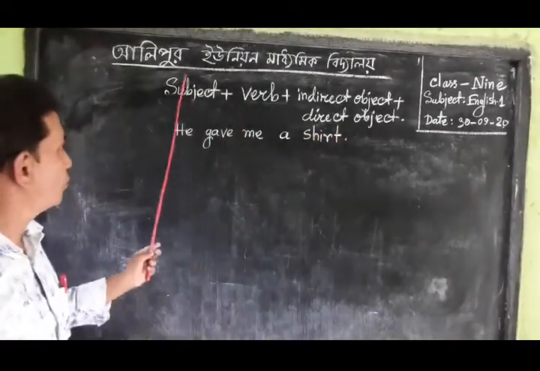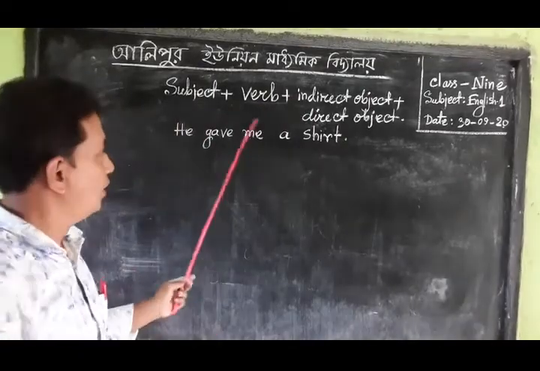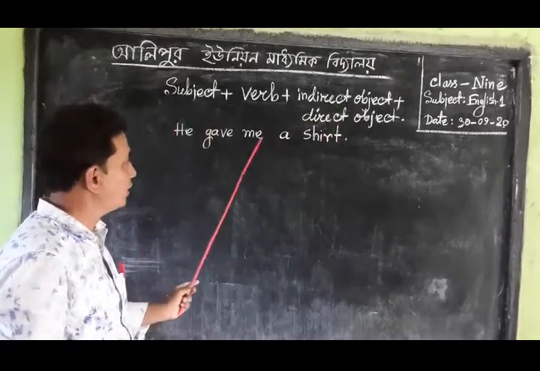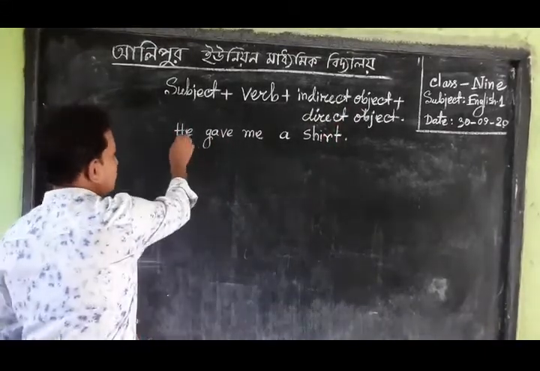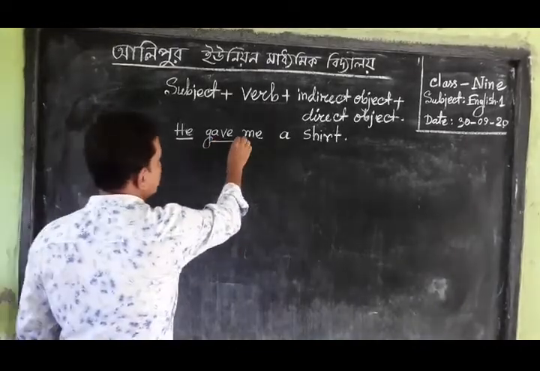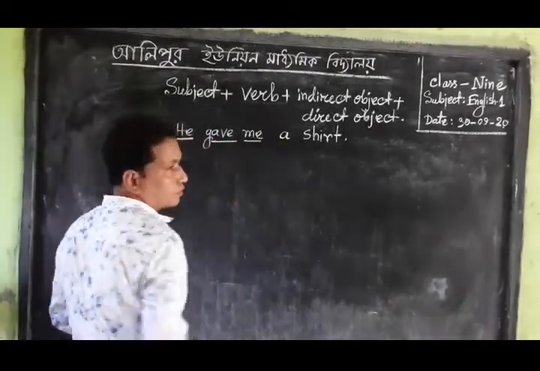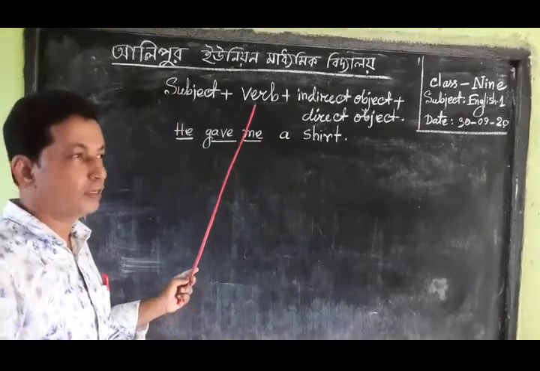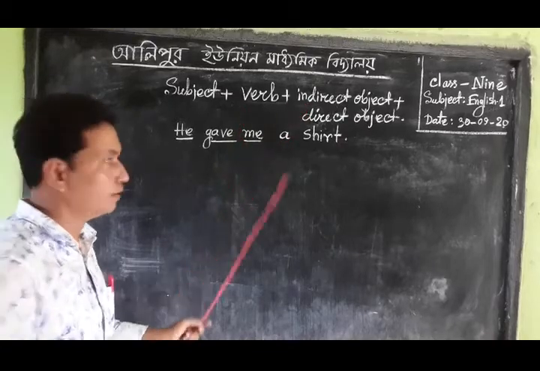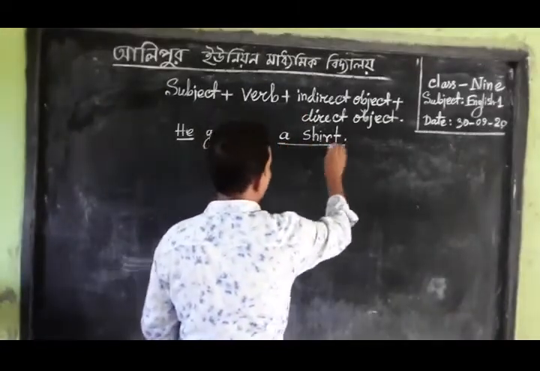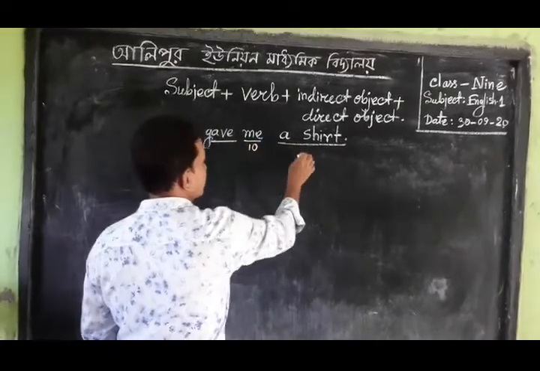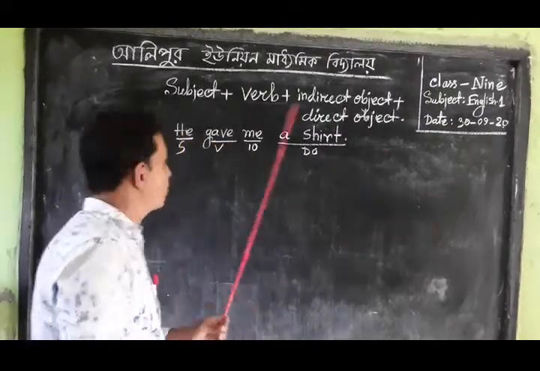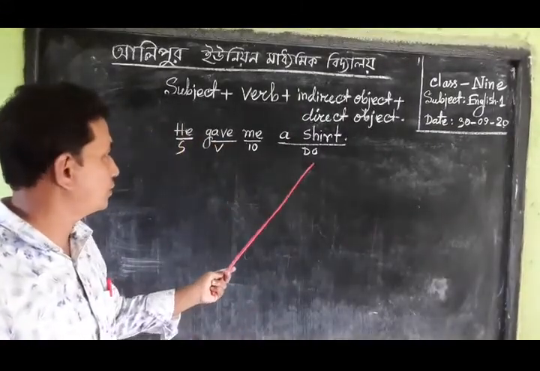Dear learners, look at the blackboard. I have given an example using the above structure. He gave me a shirt. He is the subject, gave is the verb, me is an object, because this object indicates the name of a person, so it is called indirect object, and a shirt is the direct object.